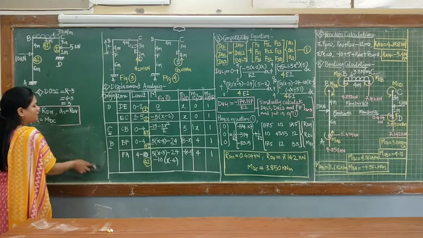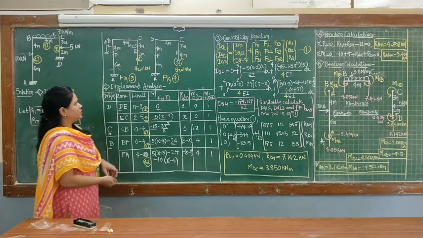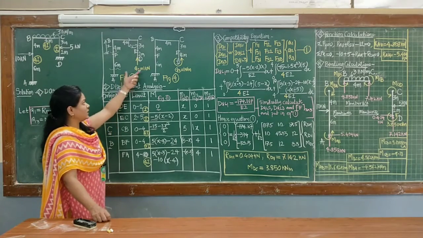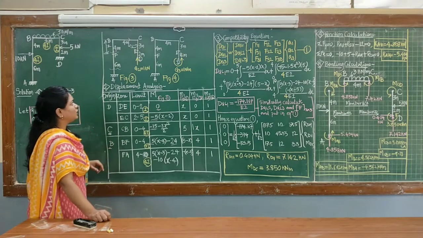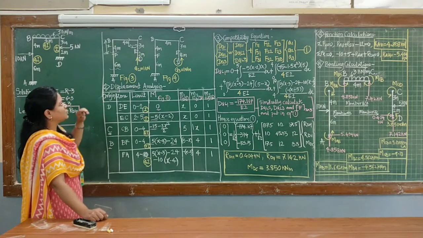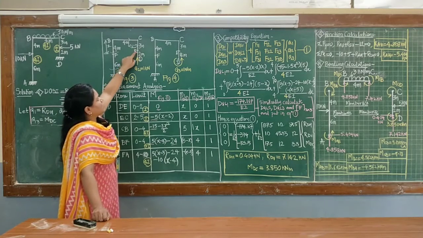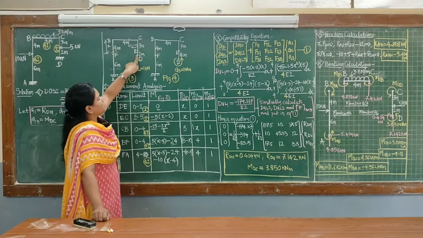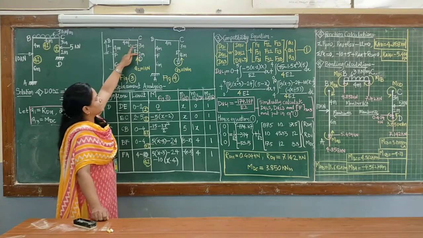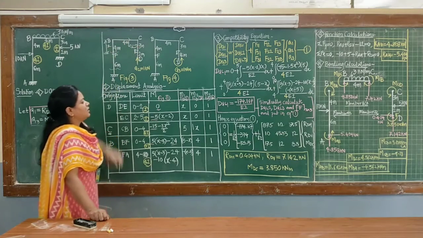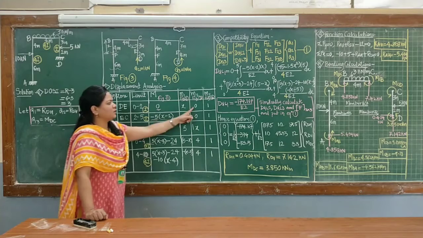Now the next column, that of M2, which is calculated from figure number 3 when Q2 is applied, 1 kilonewton unit load at support D in vertical direction. Here in the DE zone and EC zone, as the line of action is passing through the moment center, if you take the section here, the moment will be 0.